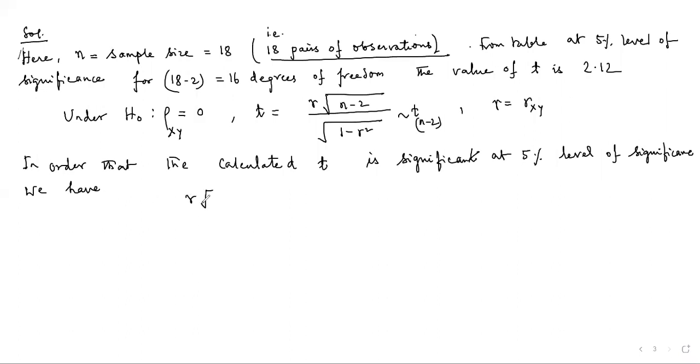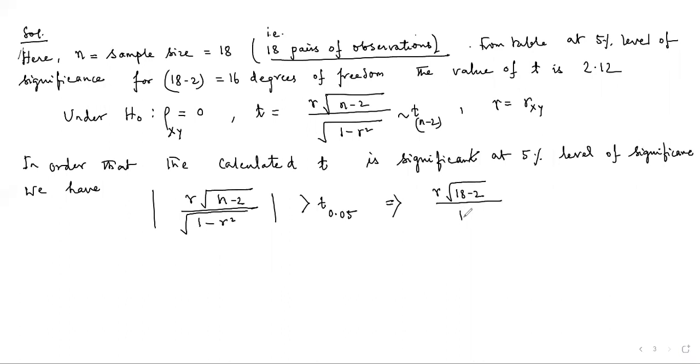this quantity r into square root of n minus 2 divided by square root of 1 minus r square. The modulus of this quantity must be greater than t.05. Now, if I substitute the values, this would be square root of 18 minus 2 by square root of 1 minus r square. The modulus of that must be greater than 2.12.